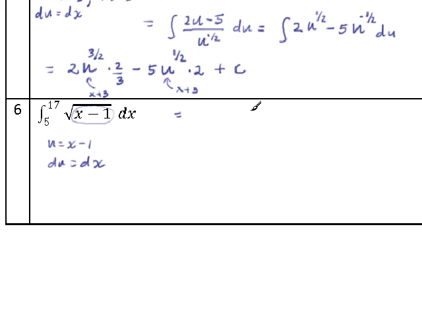So we're going to integrate the square root of u, and dx is equal to du, so here just write du. But remember, this 5 over here, that's an x value, and that 17 also is an x value. So we're going to have to change over to u limits.